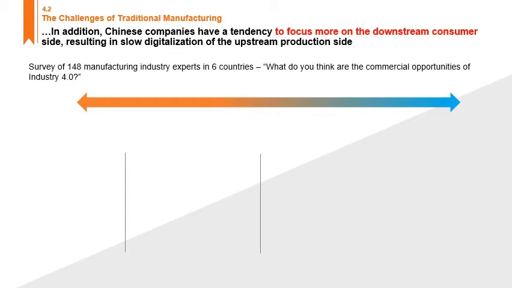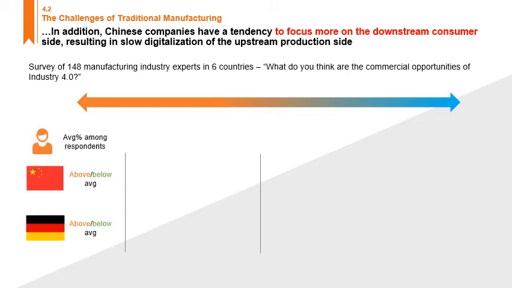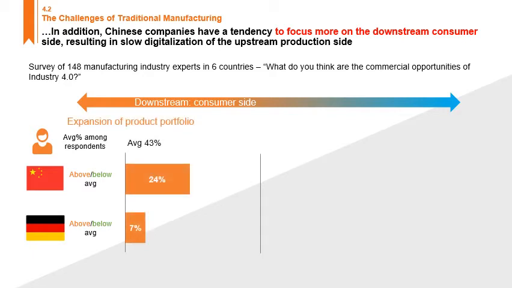Now, in China versus Germany, expansion of product portfolio, an average of 43%, 24% above the average were in favor in China, but only 7% were above in favor from the average from Germany.